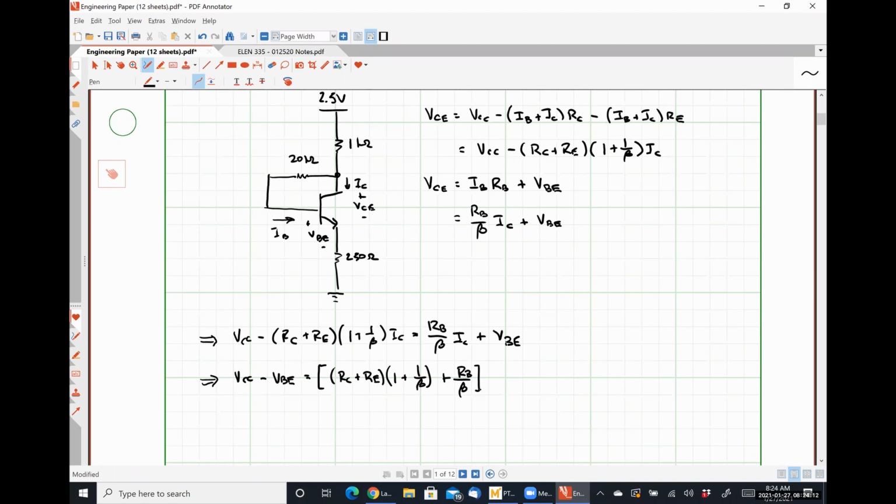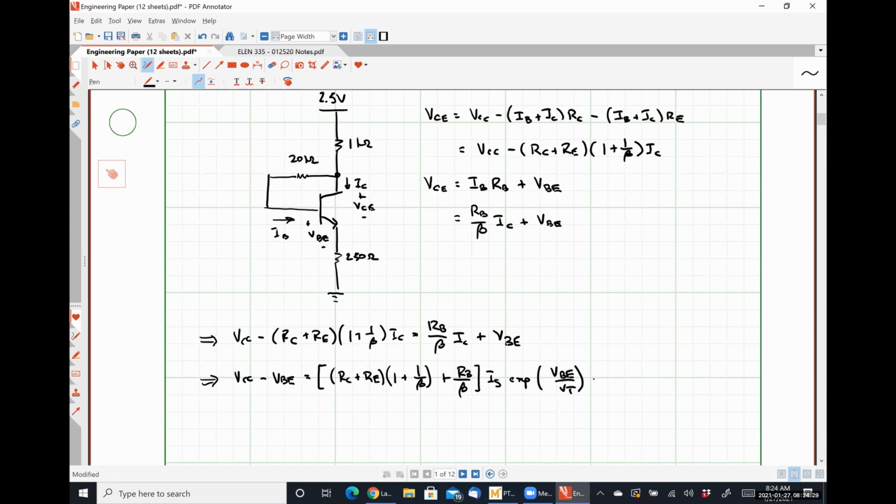And I'm going to express IC as IS EXP VBE over VT, which gives me one equation with one single unknown, right?